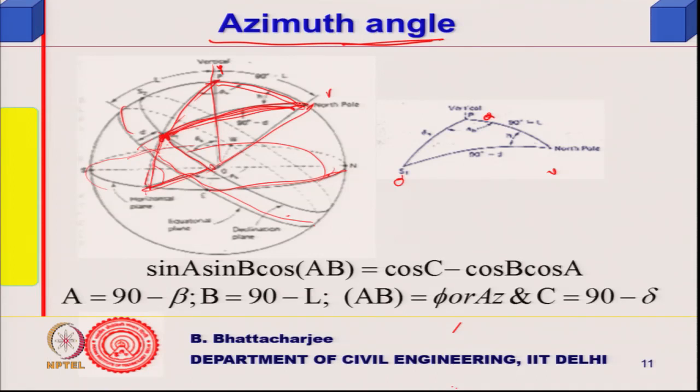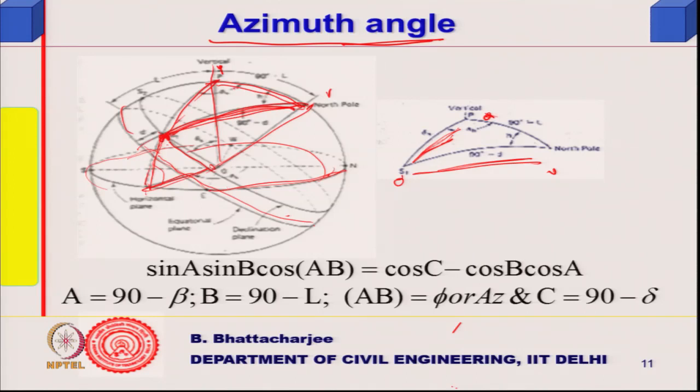Vertical to the sun is the zenith angle, 90 degree minus altitude angle, and north pole to the vertical, and basically I am interested in the azimuth angle.